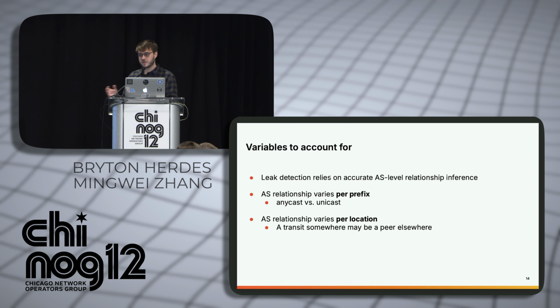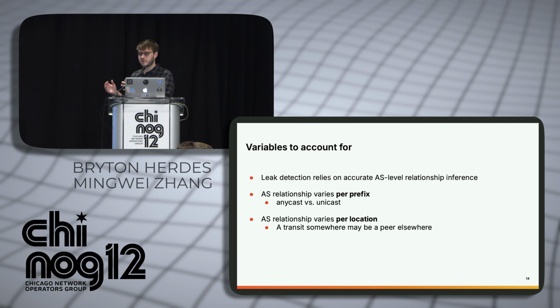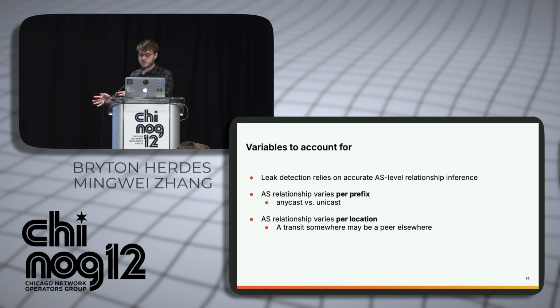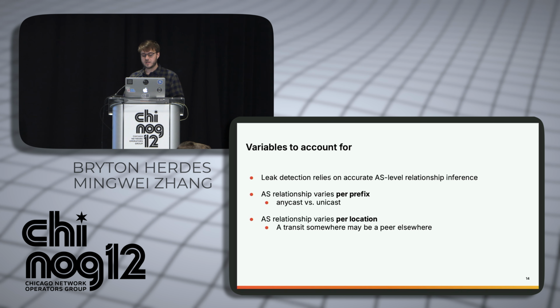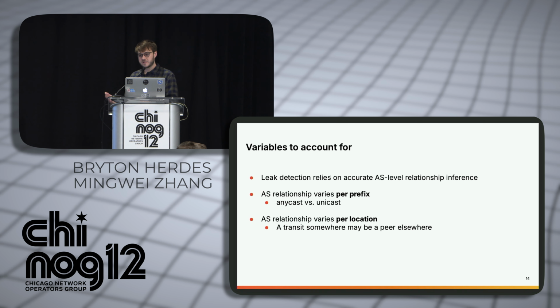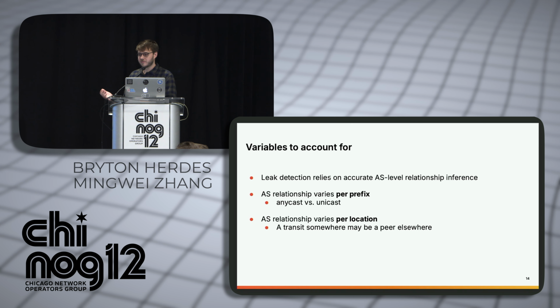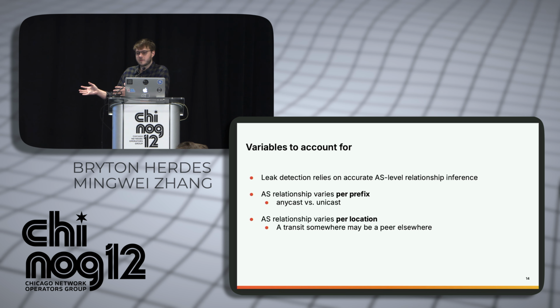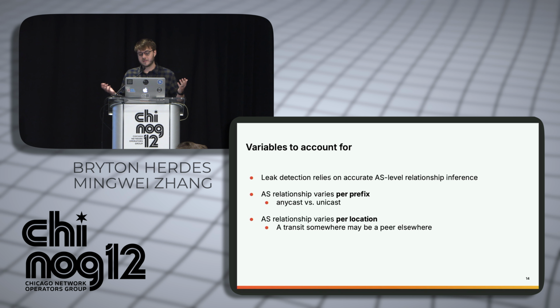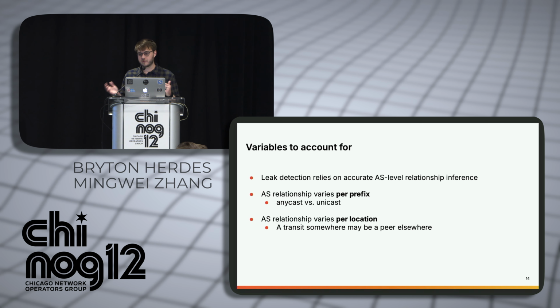The intended scope is different for those two prefixes, so that needs to be reflected in the network to network relationships. And another one is per location. We could have a transit session with AS65001 in some remote data center, but we also might peer with them along our backbone, and that's a peering session. So we need to account for location as well.